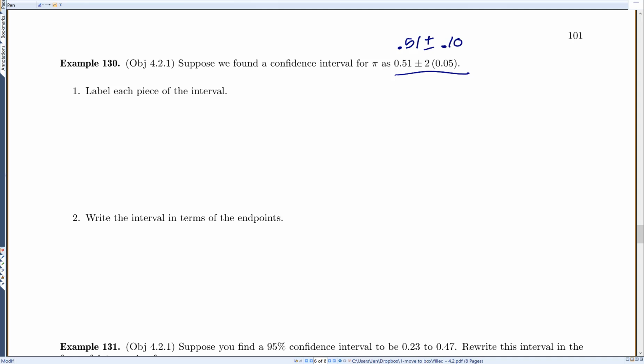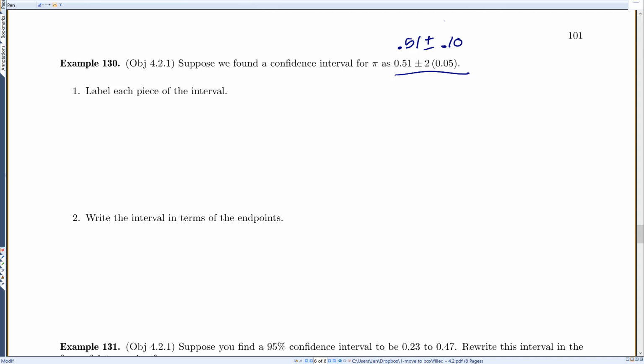You will see it written like this in a lot of research projects, and all the time when anyone's doing any kind of poll. If you're talking about presidential debates, they'll say we think 51% will vote for this person with a margin of error of 0.10, or give or take 0.10. It's very common for them to report the results like this.